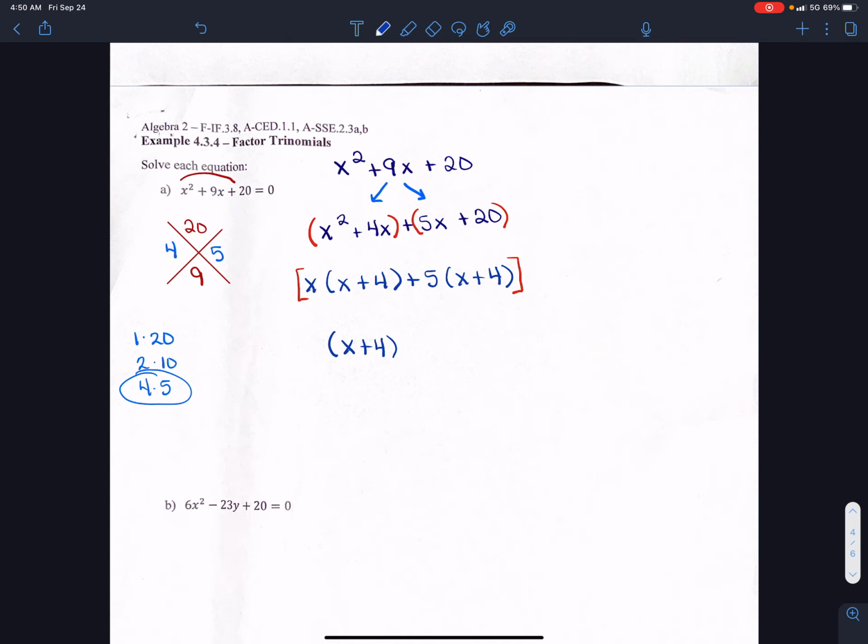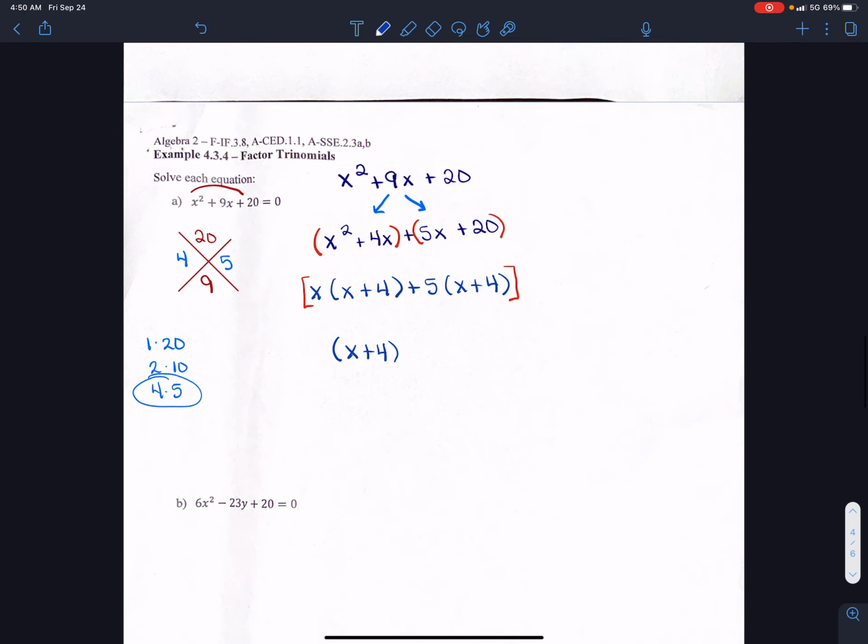Okay. Just like when we did one earlier where we had to factor out the 8x, on this one here, we've factored out x plus 4, and what's left on the inside of the parentheses is x plus 5. Okay, so that is factoring by grouping, right? All right, so let's go do example B together.